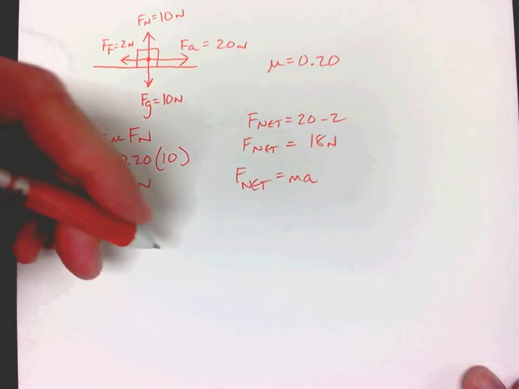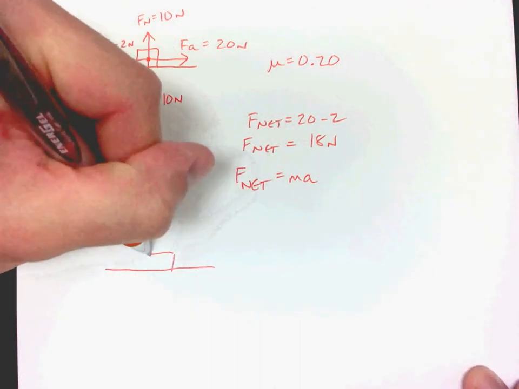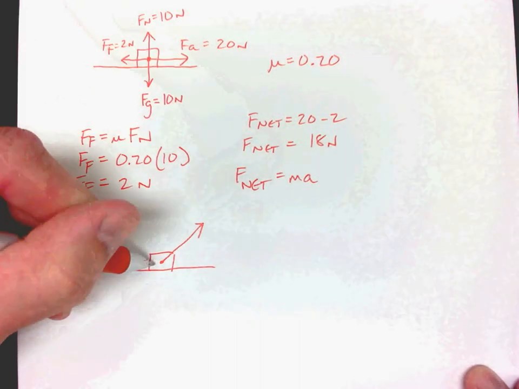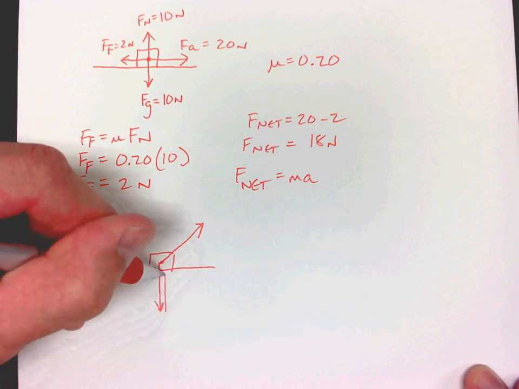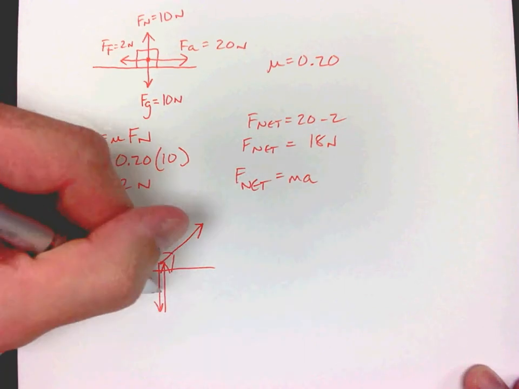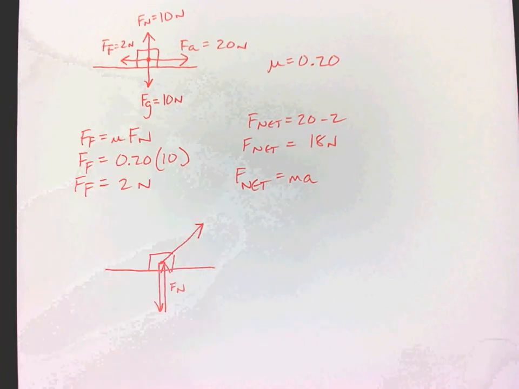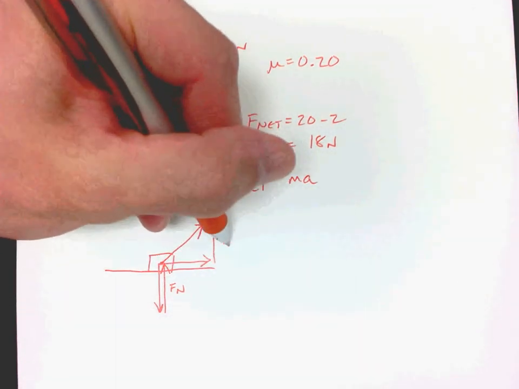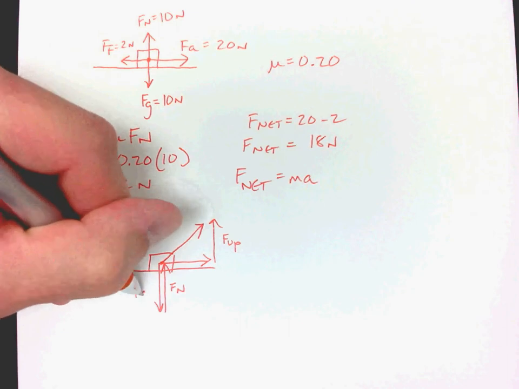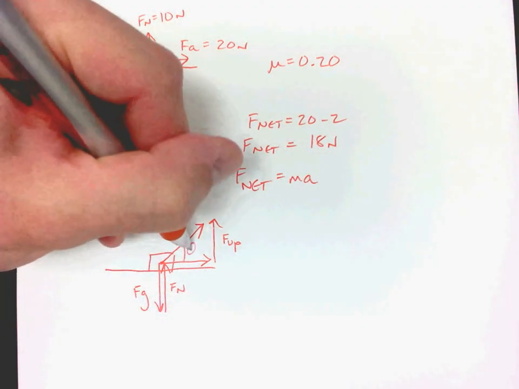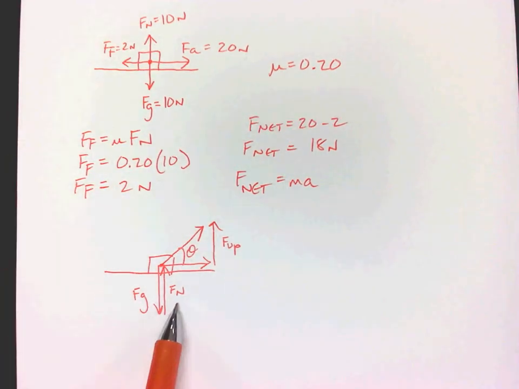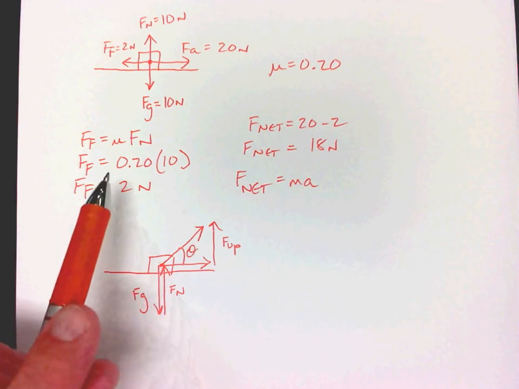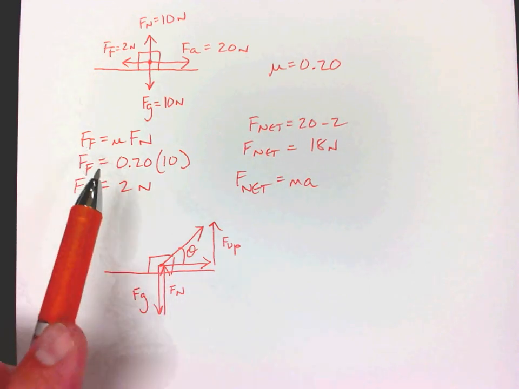Remember, if you have a diagram like number 2, where you have the object being pulled at an angle, remember here that normal force involves having to find this upward force and your FG. So a lot of times on this diagram, it's going to take a lot more work to get normal force so that you can plug in to get frictional force, and then you can solve from there.